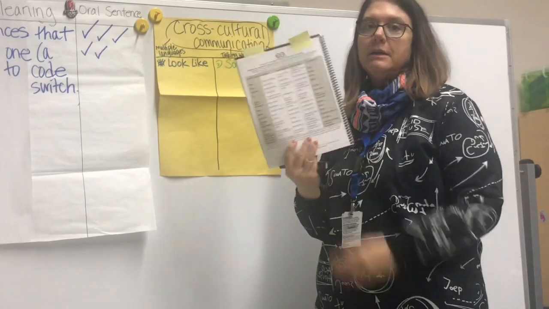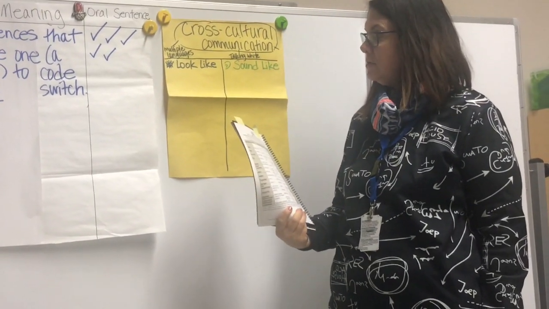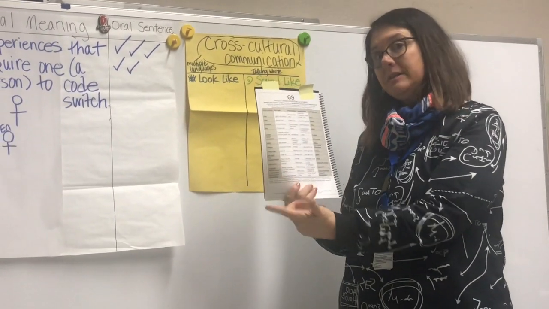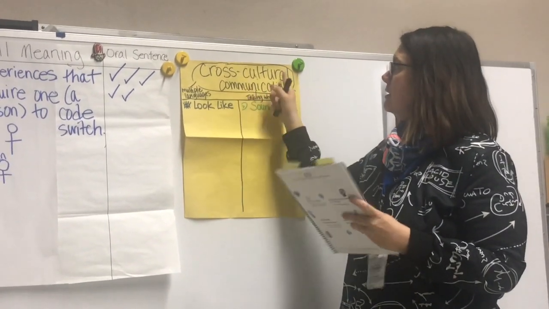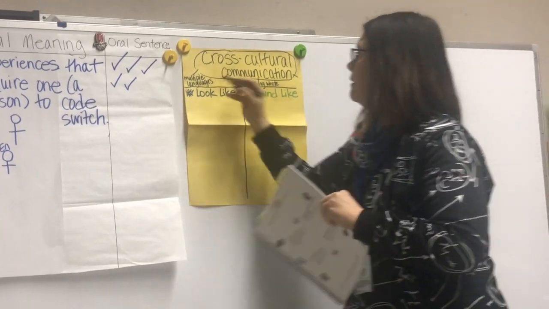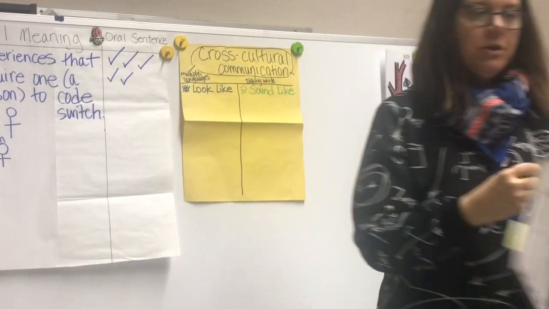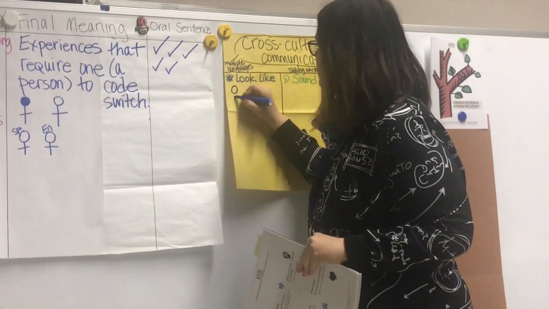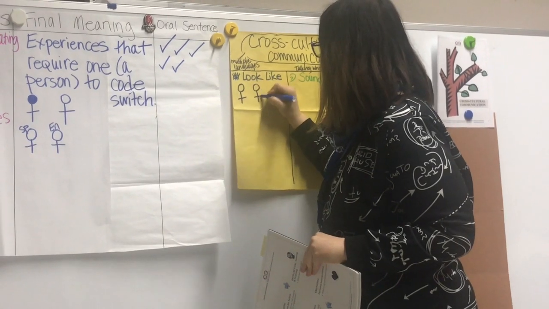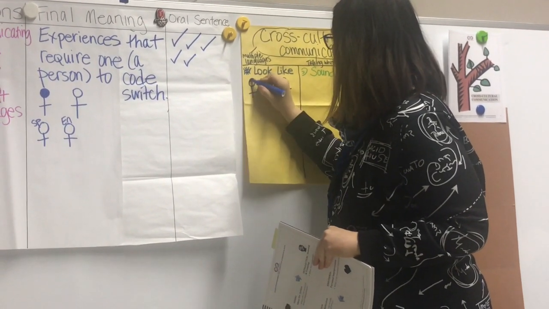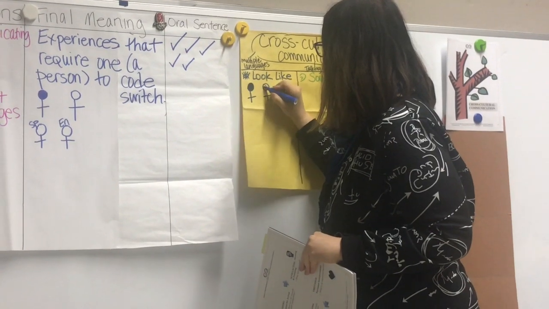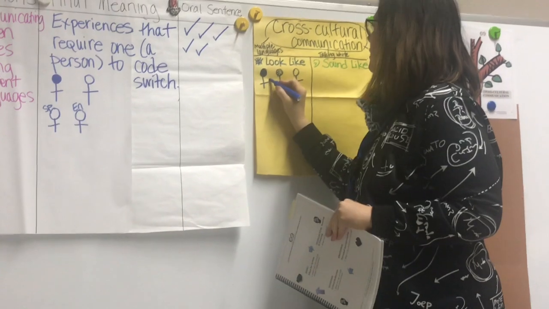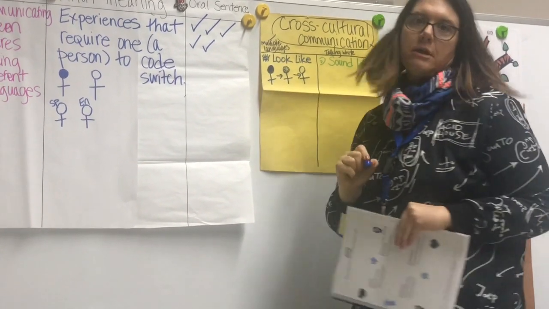My recommendation is then we go to page 12, to the socially constructed dynamics of diversity, and we use some of these things as our examples. So for instance, cross-cultural communication looks like, oh, I gotta use blue, because my "looks like" are blue. It looks like people of different races talking to each other.